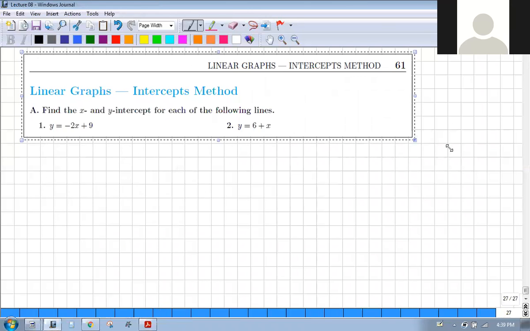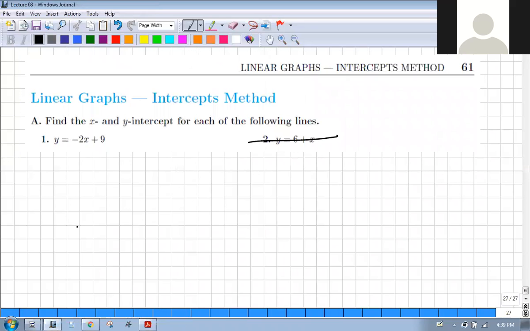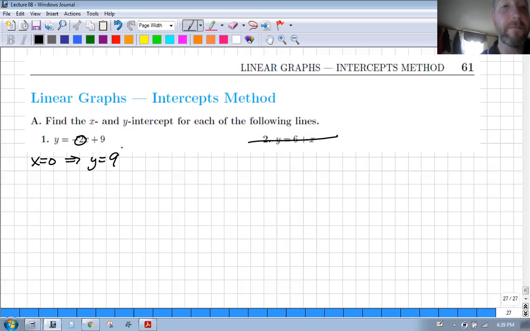Find the intercepts. All right, number one. To find the intercepts, first, if x is 0, then y is 9. We know that because it's in mx plus b form. So therefore, (0, 9) is a solution.